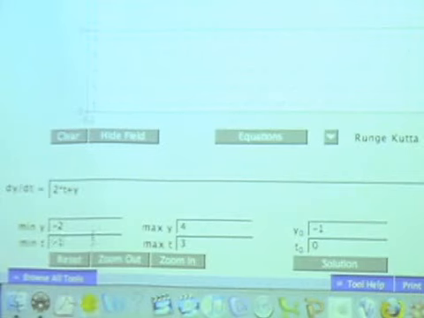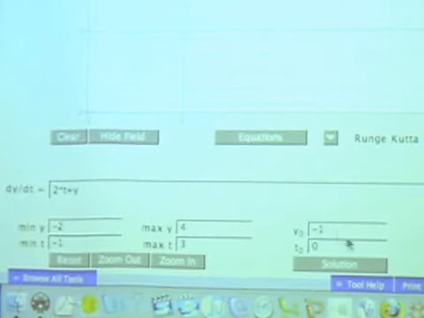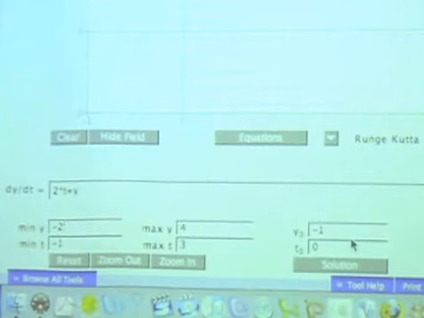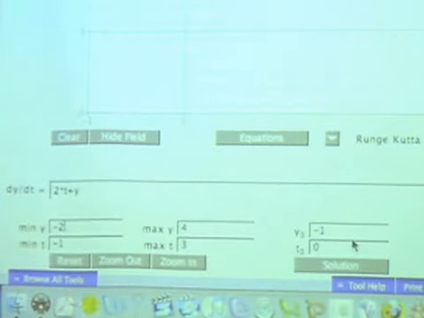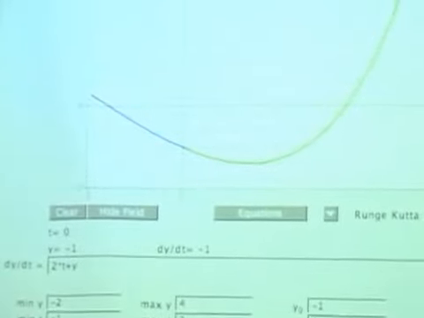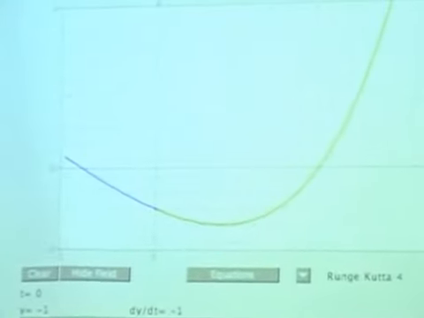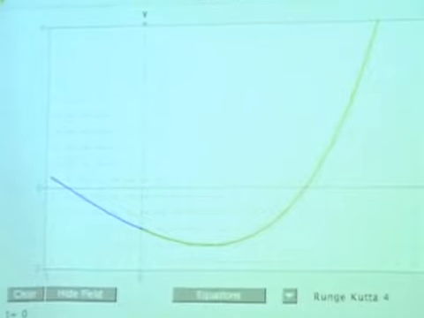This should be good enough, I think. And we can draw in the solution. The solution is going to be graphed based on a fancier method called Runge-Kutta. There's the solution curve.